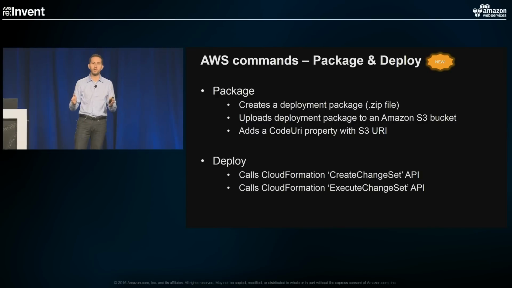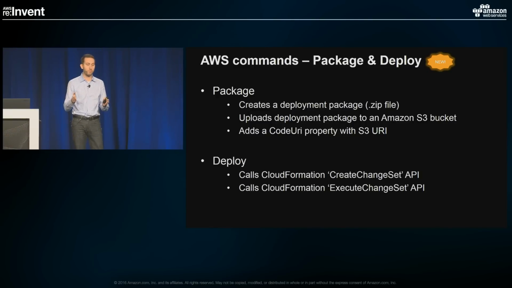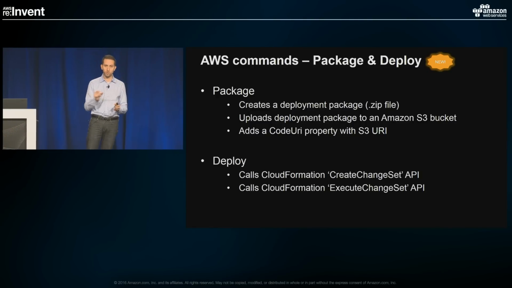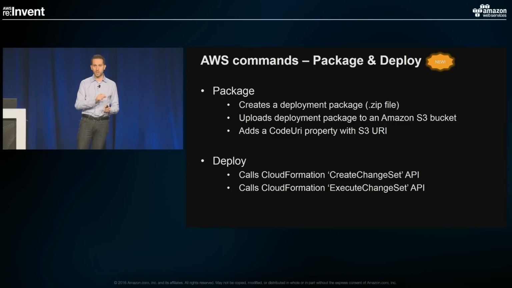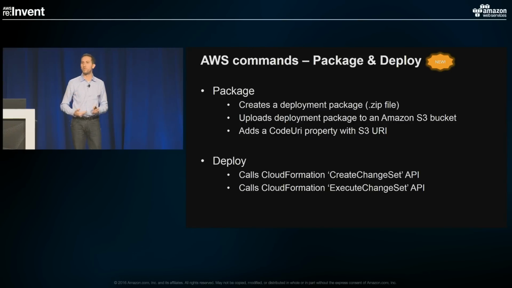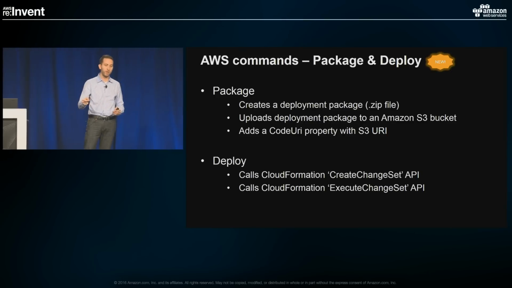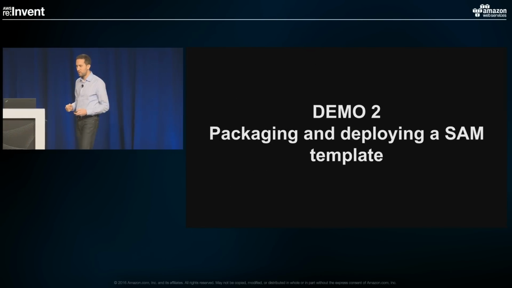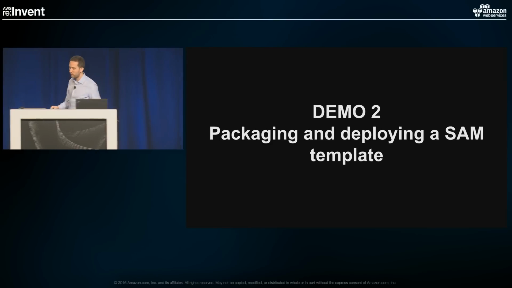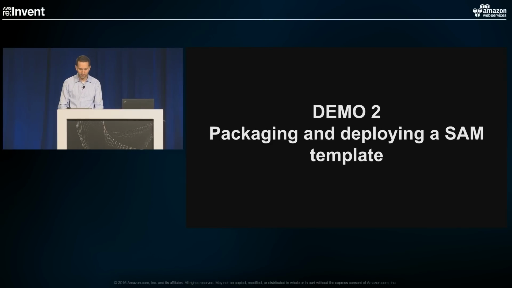So if I'm creating a new stack of resources, then obviously the change set is going to include everything that was in my template. But as we continue to update our stack, then it's only going to contain the delta. It then calls execute change set, which essentially just applies the changes in the change set to my stack. Now, let's do a quick demo of how that actually looks.